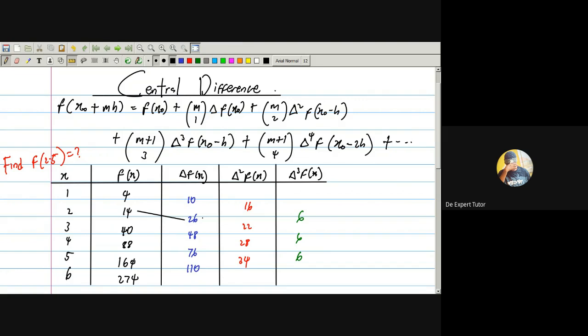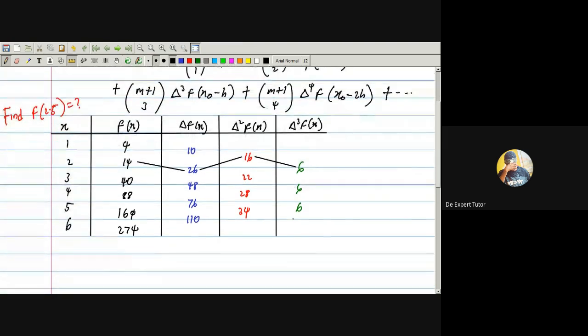Do you see? From that to that I have there. So you go in that pattern. You have seen how it is. Master this very well, so you're not going to confuse yourself.